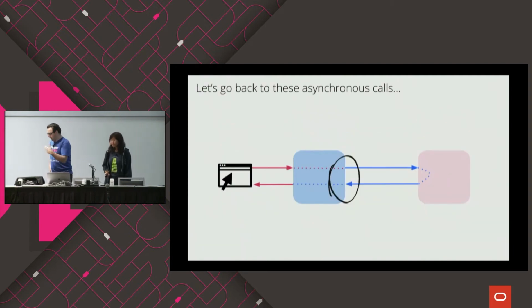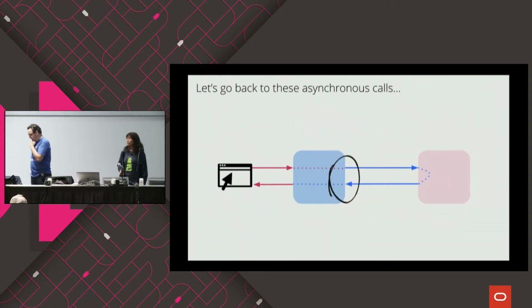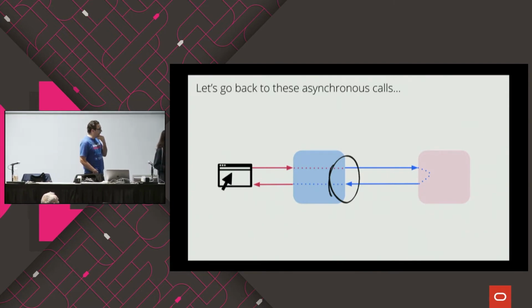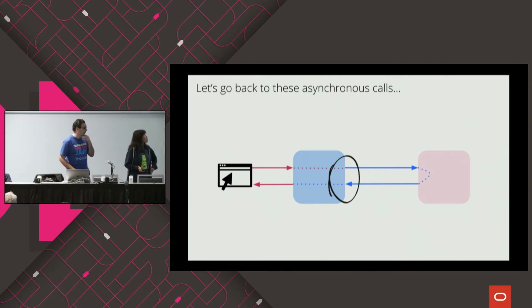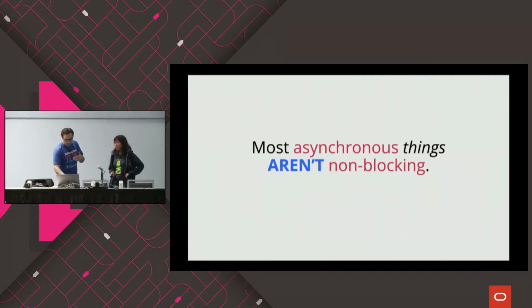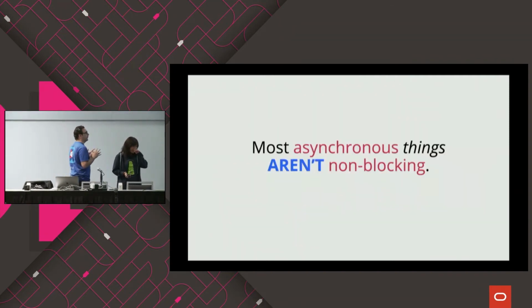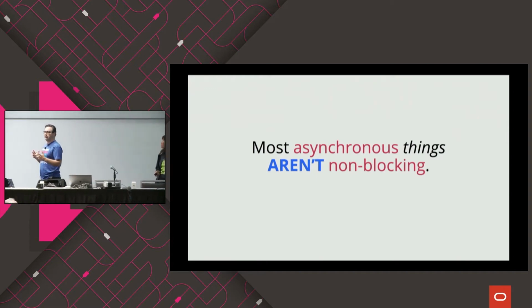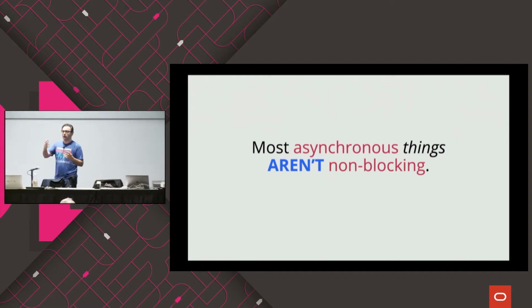So let's go back to those asynchronous calls because I've seen a lot of asynchronous things over the past few years. It's actually my kind of thing. But there is some misunderstanding: most asynchronous things we see aren't non-blocking. They basically just offload the work to another thread pool.